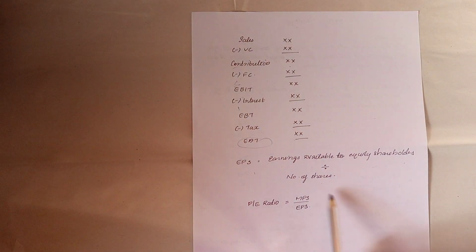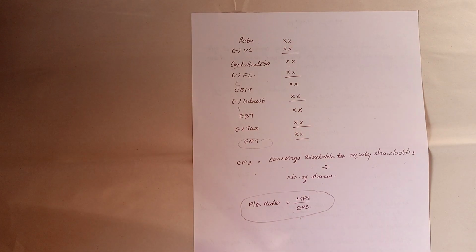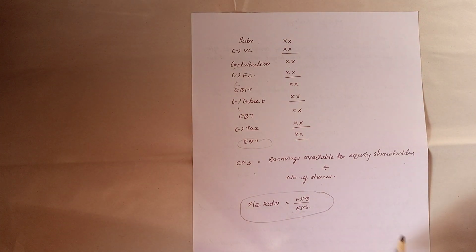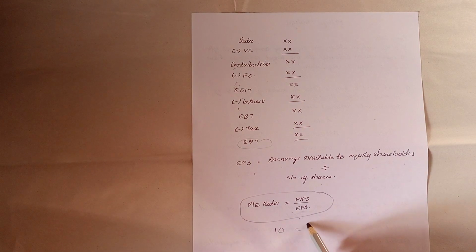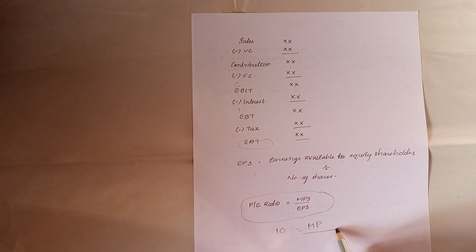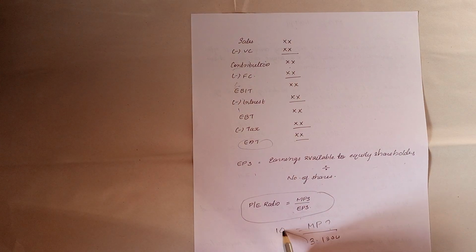PE ratio is equal to market price of shares divided by EPS of share. In the question, we need to find the market price. We already know the PE ratio, that is 10. So 10 is equal to the market price divided by EPS, which we just found, that is 3.1304. We need to cross multiply this.